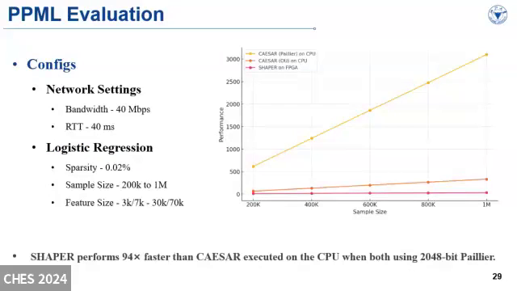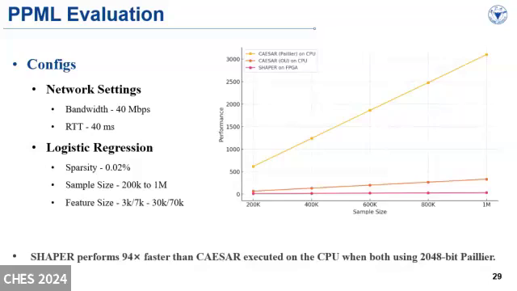We also evaluate the performance of our Shaper architecture in real-world PPML applications using practical network settings with 40 Mbps network bandwidth and 40 millisecond latency. In the experiments, we chose logistic regression as the benchmark application.